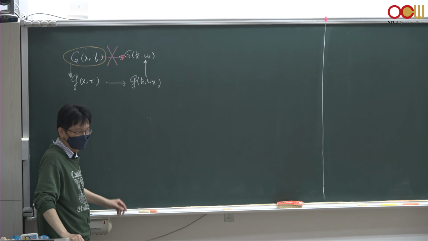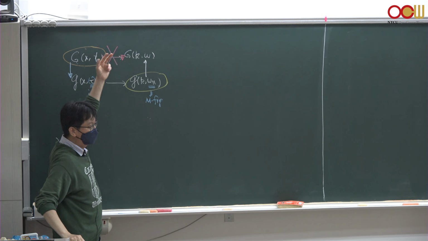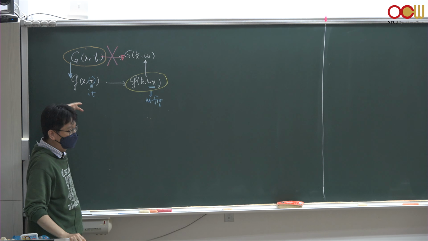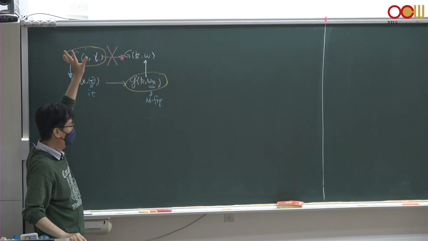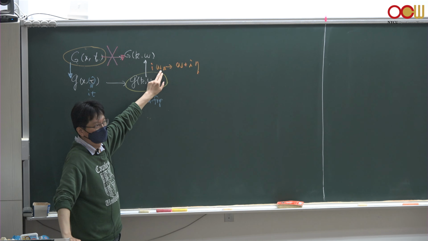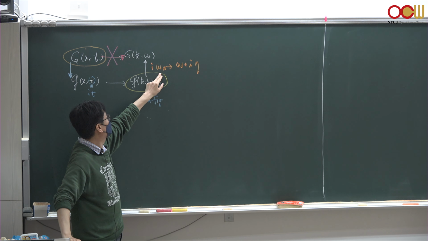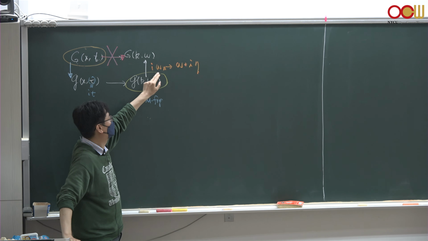However, this is not the final step because we need to go back to the Earth, right? We take a detour to the outer space, but then we need to go back to the Earth. So the way that we go back to the Earth is to take the analytic continuation by identifying this i omega_n, where omega_n is an imaginary frequency, as the real frequency omega plus or minus some small imaginary part, which we'll discuss later.